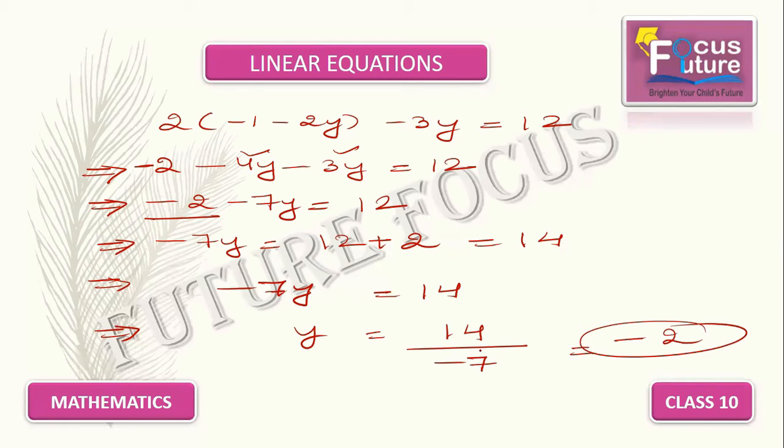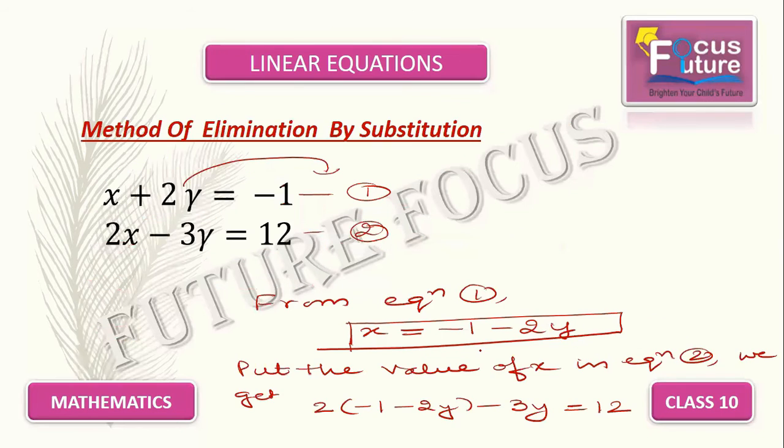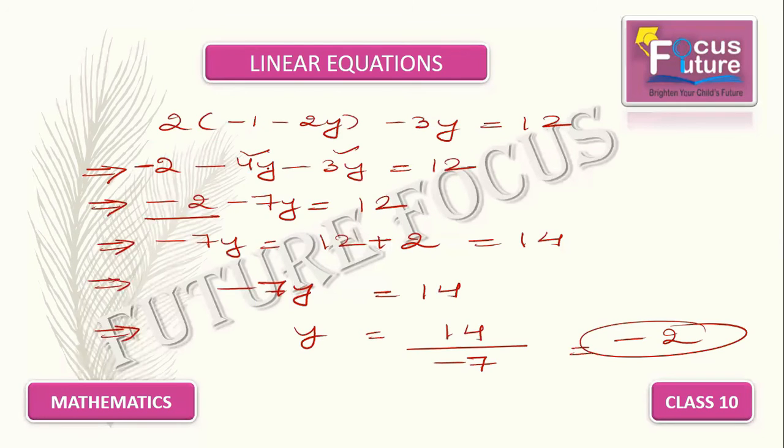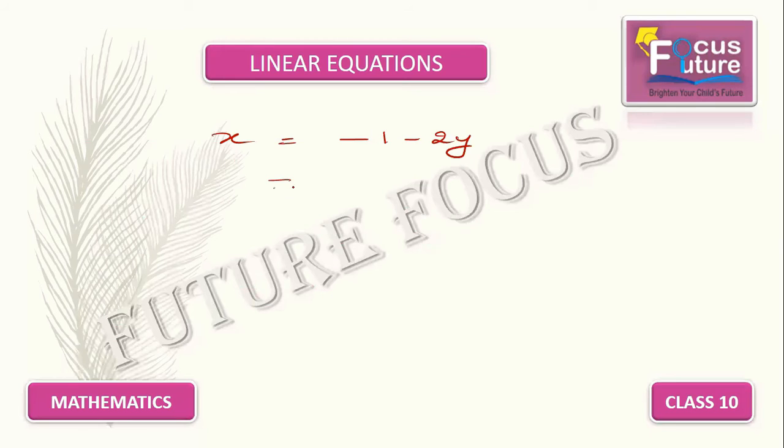Now let us find x. You can see here the value of x is minus 1 minus 2y. But your y is minus 2, so put the value of y in this.